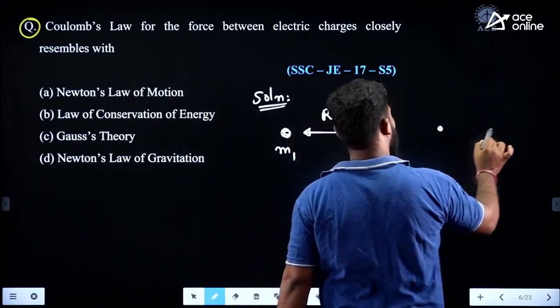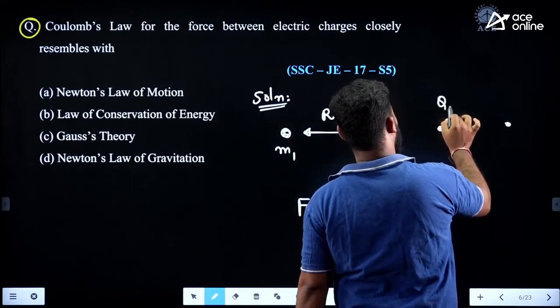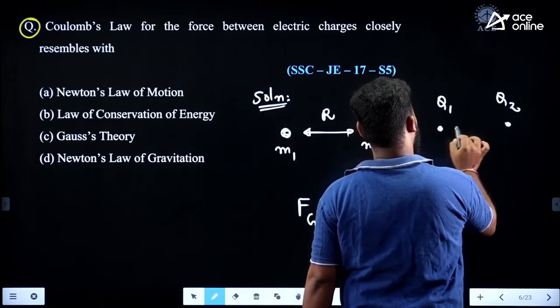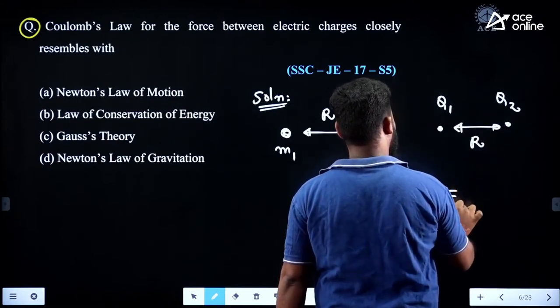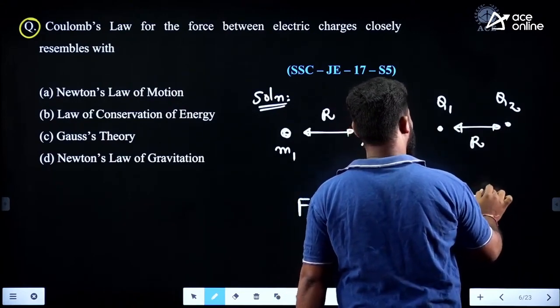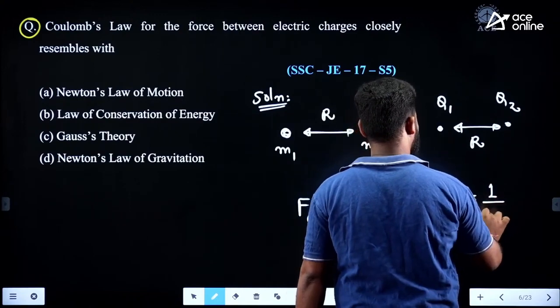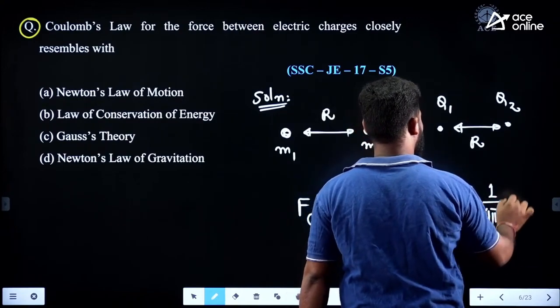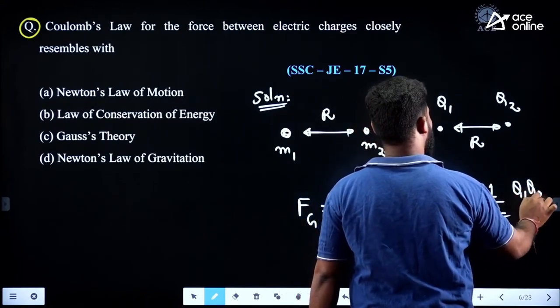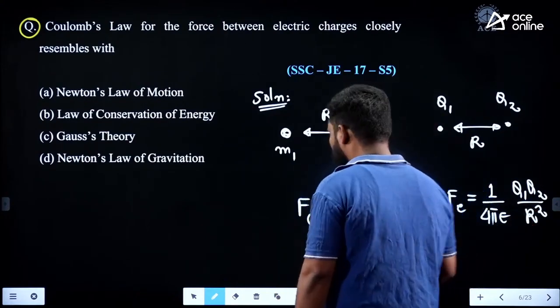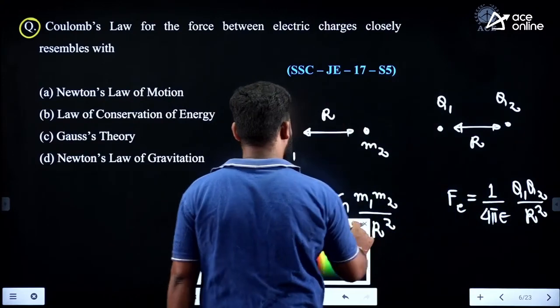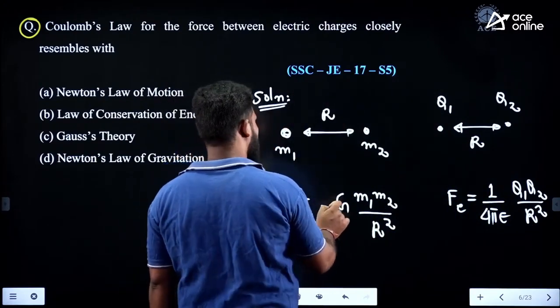So just now I have shown you, if there are two charges q1, q2, the electric force is some proportionality constant, 1 by 4 pi epsilon, into q1 into q2 divided by r square. So you can compare this one with Newton's law of gravitation.